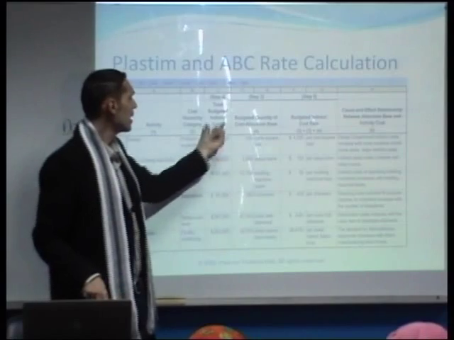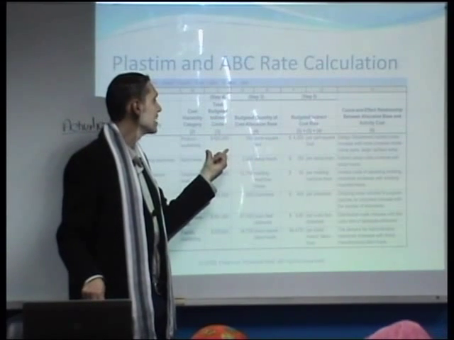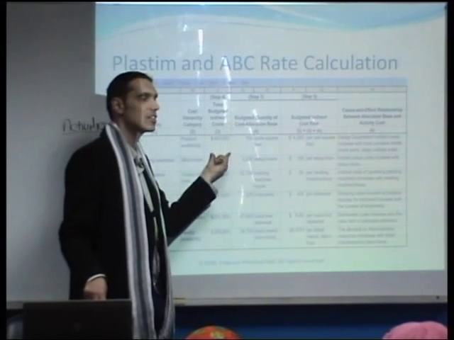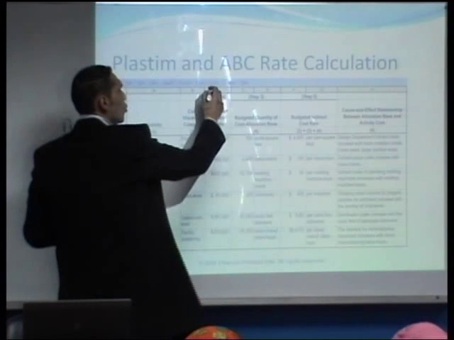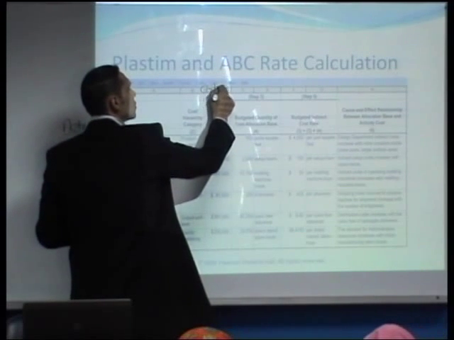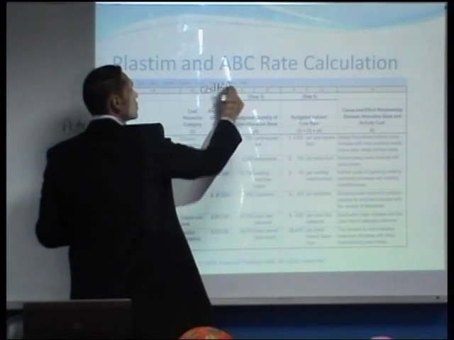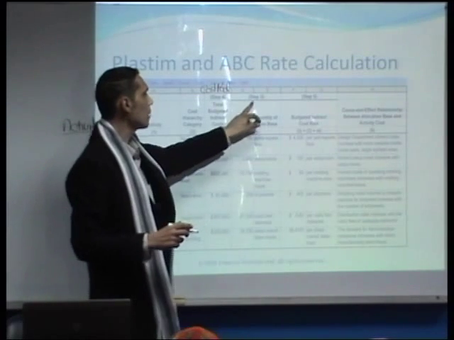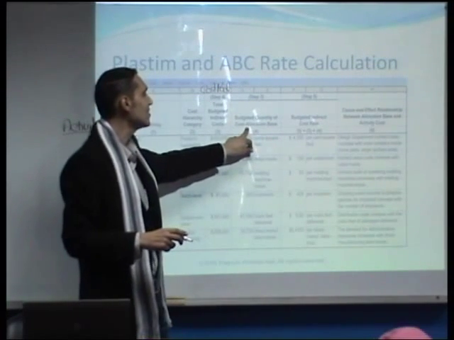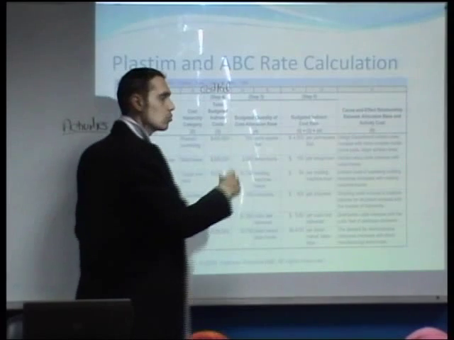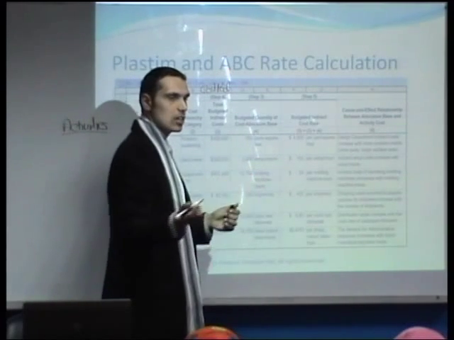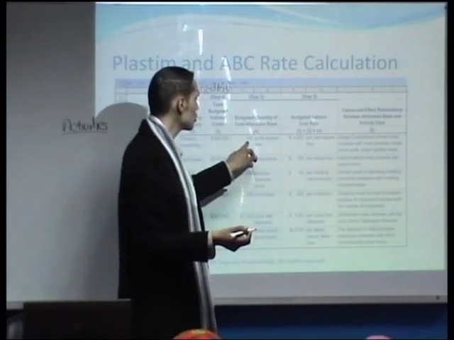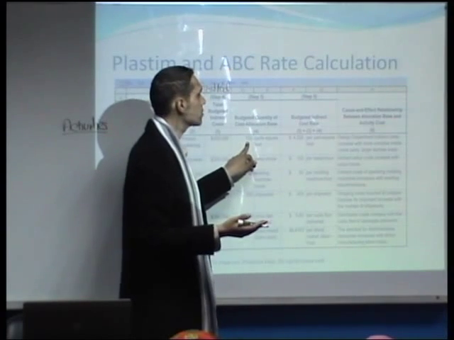And then they gave us the total budgeted indirect cost. What is the total budgeted indirect cost? This is the cost pool. Of course, step number 3 is the budgeted quantity of the allocation base, which is the number of units of the allocation base, in this case 100, for instance.